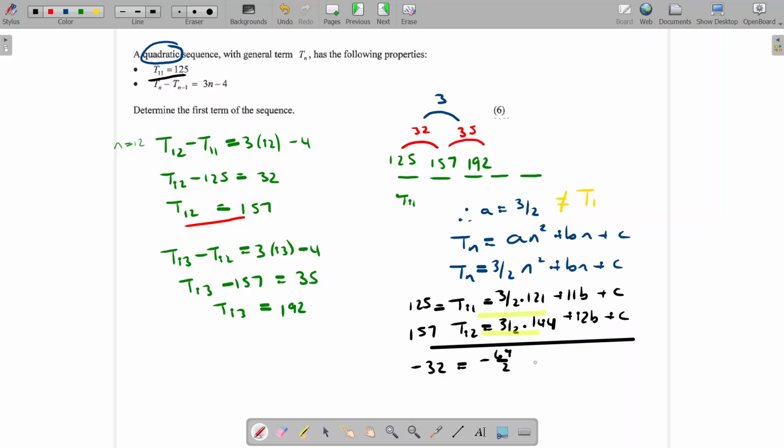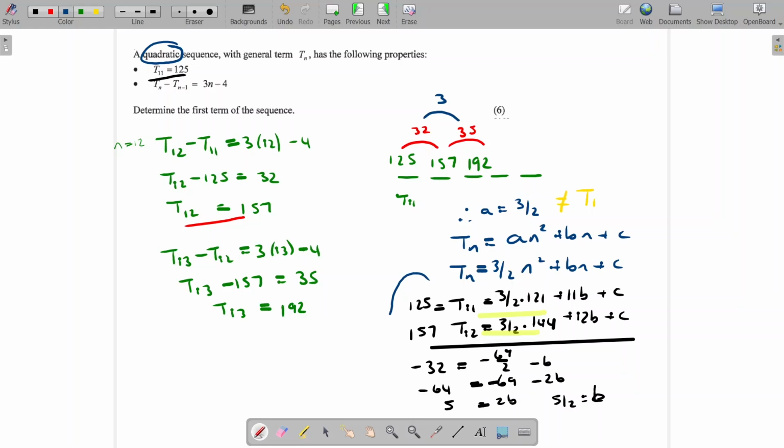I'd have only 1b and the c's would fall away. So if we times through by 2, we'd have minus 64 equals minus 69 minus 2b. We'd have 5 equals 2b. And as a result, b equals 5/2.